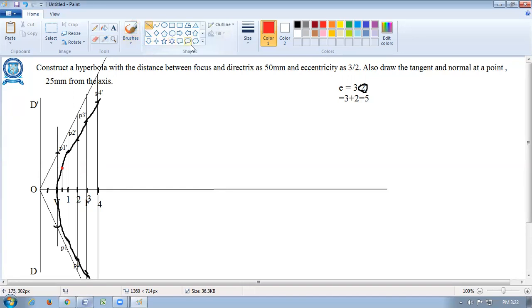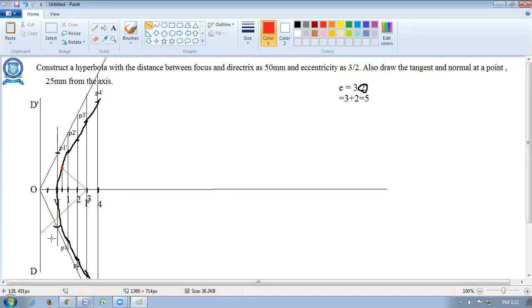So the procedure is: draw a line to the focus from the selected point, and then draw a 90-degree line, perpendicular, to the directrix from this focus point.